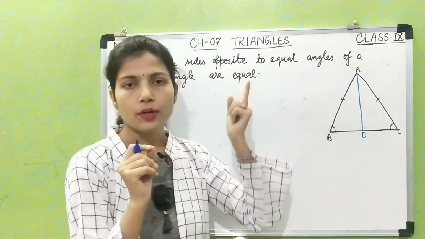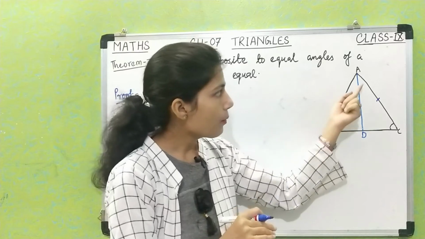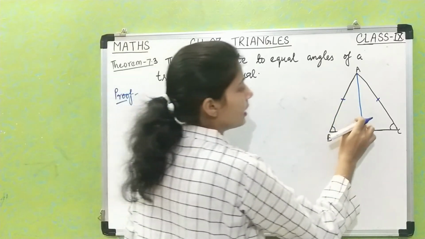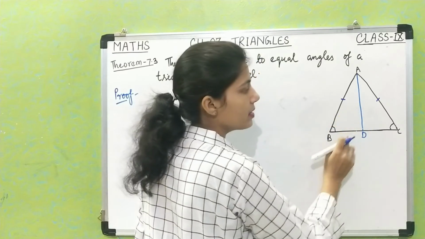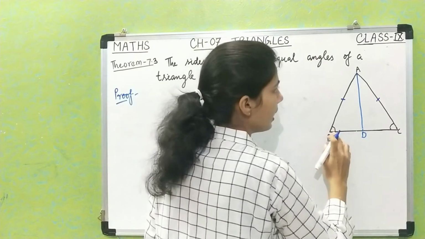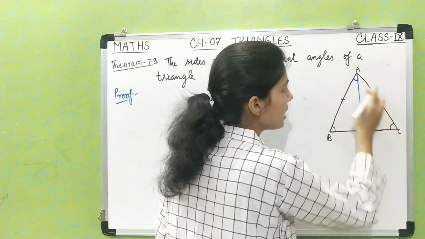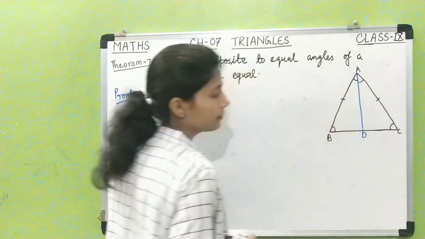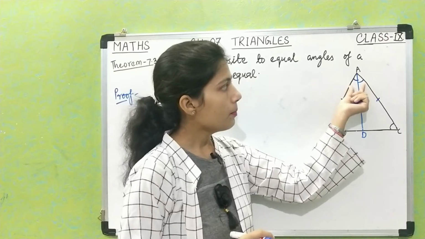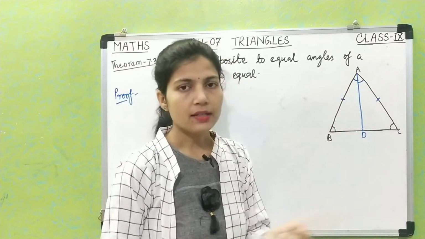To prove this theorem, we have to draw an angle bisector of angle A. Since AD is an angle bisector, it means AD is dividing angle A into two equal parts, means angle BAD will be equal to angle CAD. By construction, we are going to take BAD and CAD as equal.